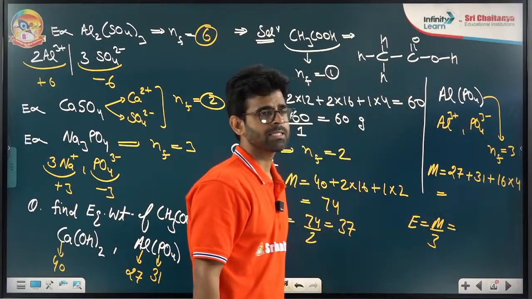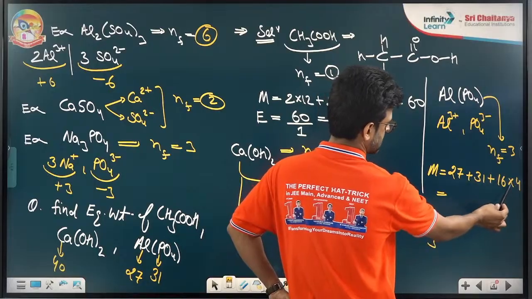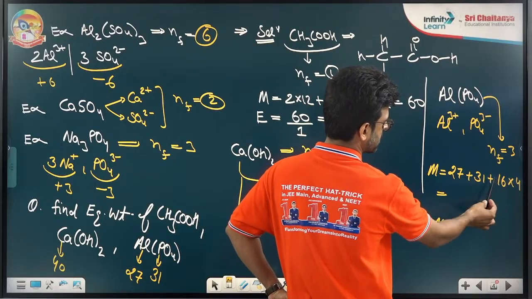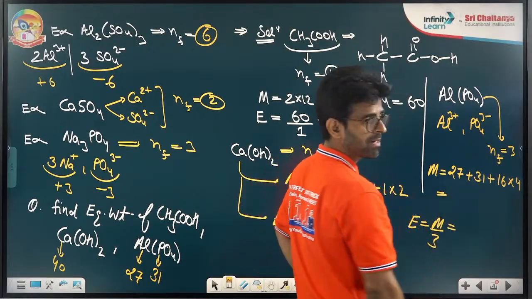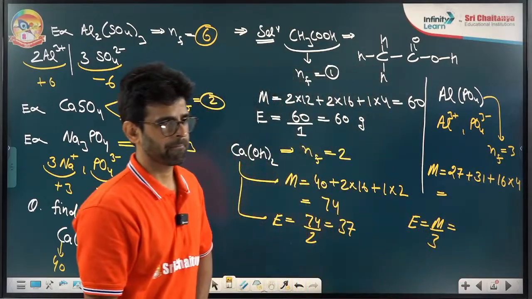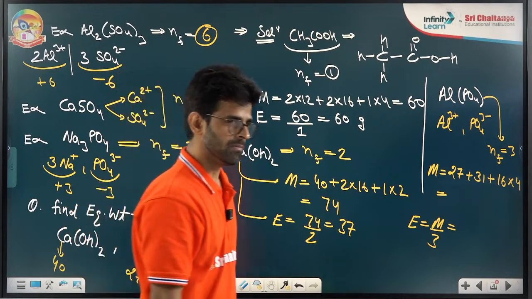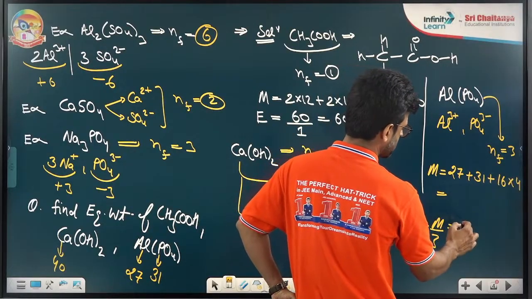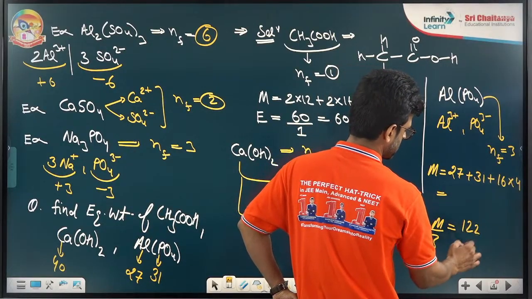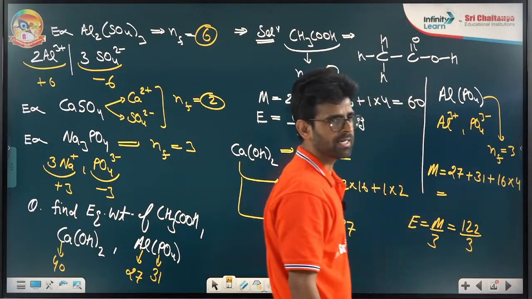What's coming for molar mass if you add this? 64 coming from here, 64 plus 31, 95, 95 plus 27, how much coming? Right? 122. 122 divided by 3.